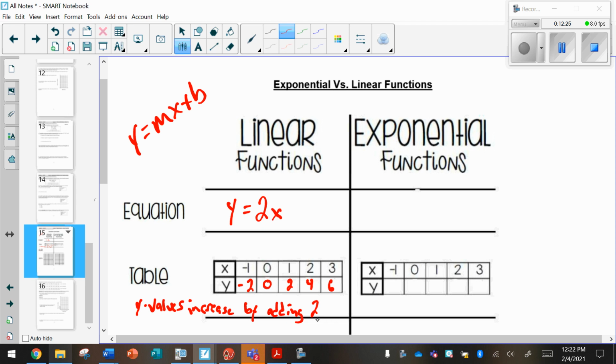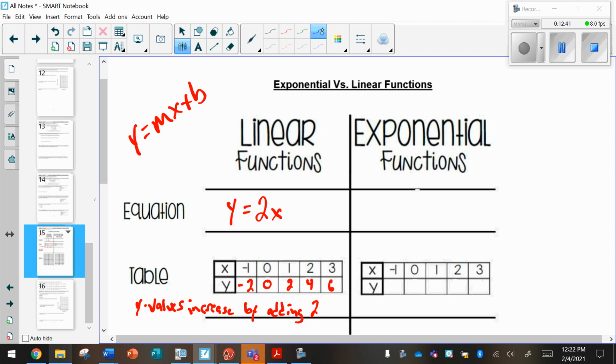And all linear equations will have a table of values where the y values increase by addition. Technically, subtraction is adding a negative, so if it's subtracting the same number over and over, that also counts as a linear function. It just means we're going to have a negative slope.